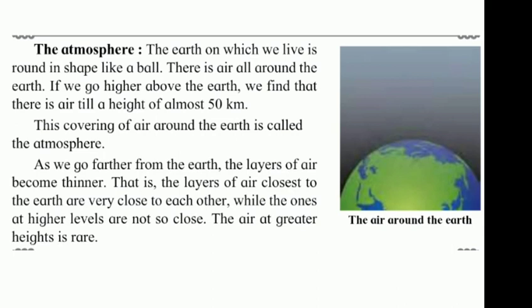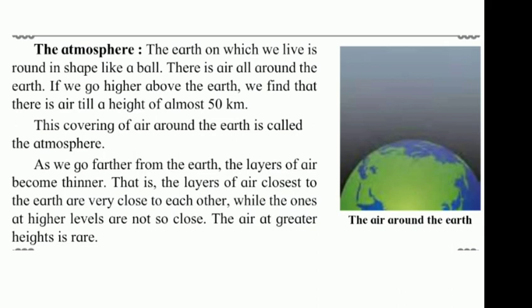Now see students, we are going to study about the atmosphere. The earth on which we live is round in shape like a ball. There is air all around the earth. If we go higher above the earth, we find that there is air till a height of almost 50 kilometers. This covering of air around the earth is called the atmosphere.